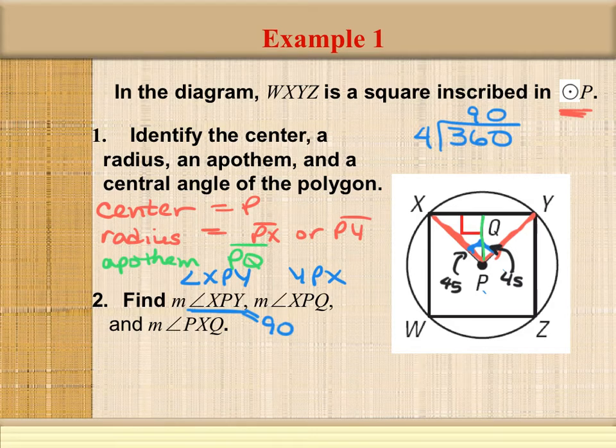So XPQ, which is the angle I just labeled right here, is 45.